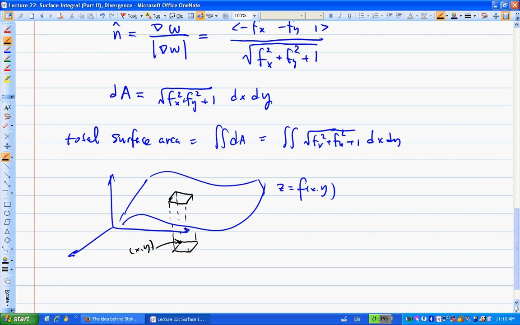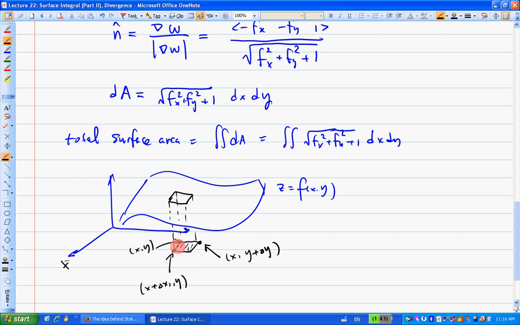Because it's very small, when I go from here to here, there's a small increase of delta x, because this is the x-axis, so y is not changing. So this side, the coordinate is (x plus delta x, y). And for this side, it's the increase in the y direction, so it's (x, y plus delta y).